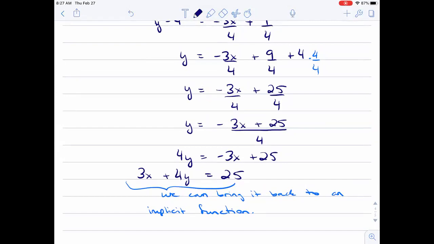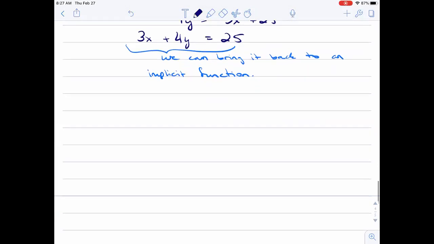Negative 3x over 4 plus 25 over 4 works too. Any questions about that one? Let's do another one then.